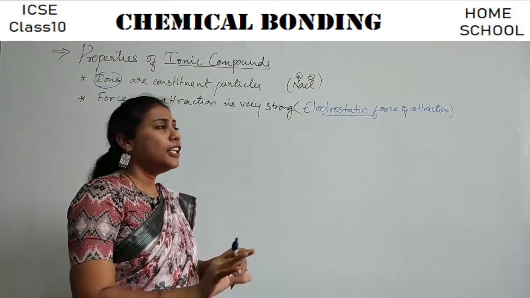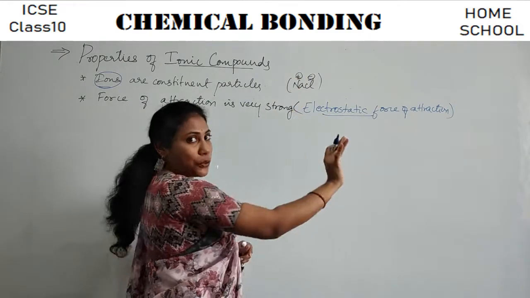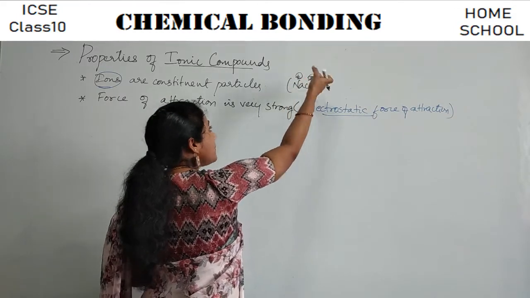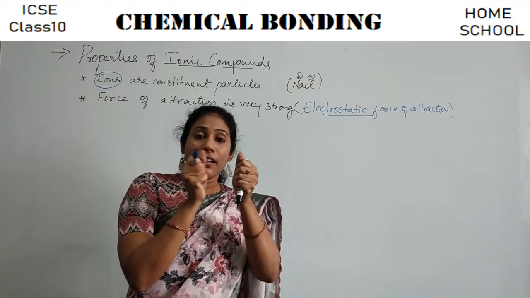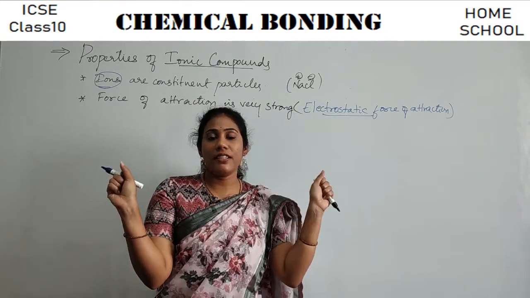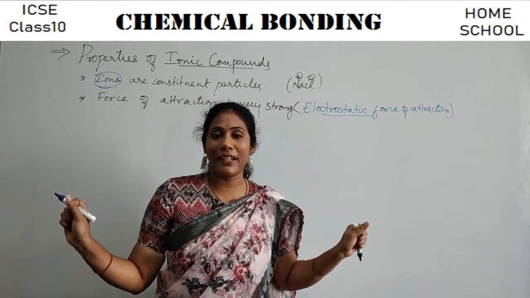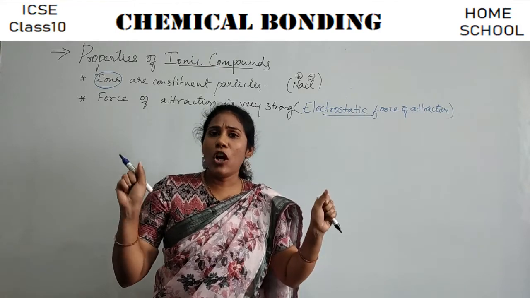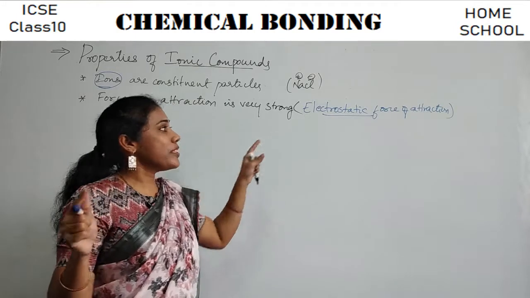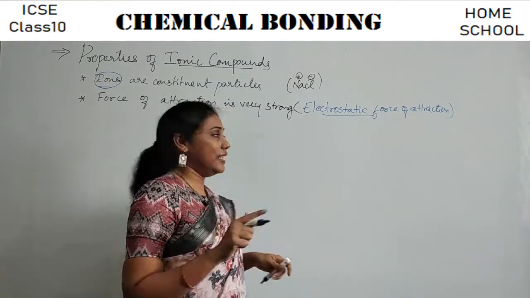You can't break them so easily. That means you cannot separate Na plus ion from Cl minus ion. They'll be holding very tightly with each other, together always, because they have lots of attraction between them. So what is the name of that attraction? Electrostatic force of attraction.